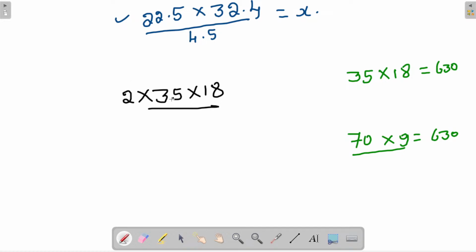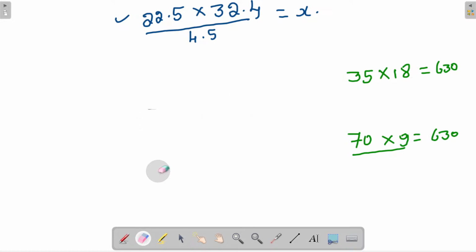If I multiply by 2, this number will become 0. If I multiply the numerator, I have to divide the denominator. Which means if I do double on one side, on the other side I have to do half. Any number ending with 5, and another number is even, I will use this method: one side double, another side half.